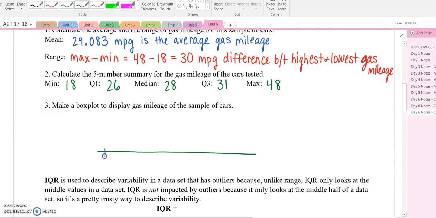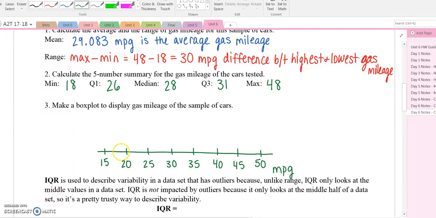My smallest is 18, so I'm going to start at 15 and go by 5s: 20, 25, 30, 35, 40, 45, and 50. Remember, all of these numbers represent miles per gallon, so that's what I'm going to write for my label.